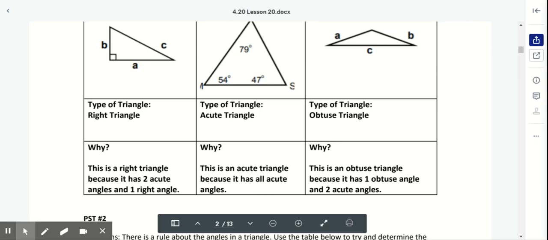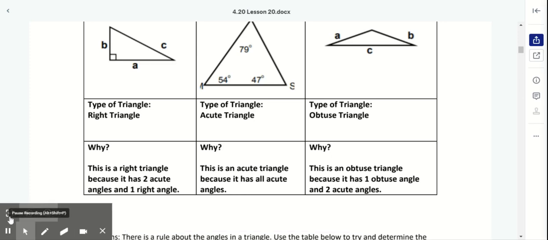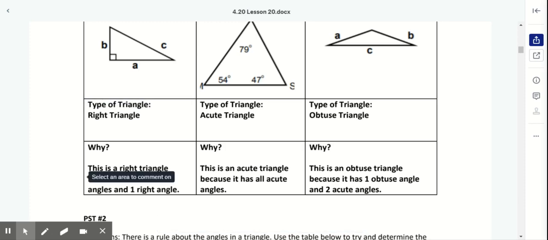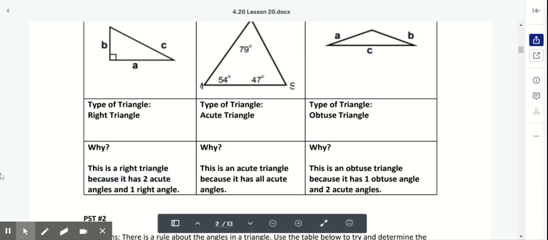We have our angle that is greater than 90 degrees, and then it has two acute angles that are less than 90 degrees. So this is an obtuse triangle because it has one obtuse angle and two acute angles. So notice that each triangle has at least two acute angles. So triangles can be categorized by the third angle.